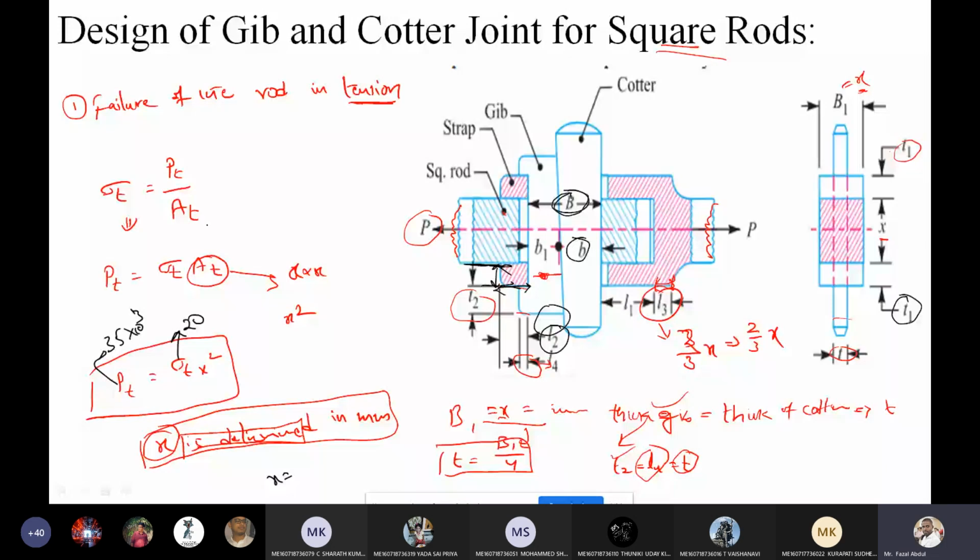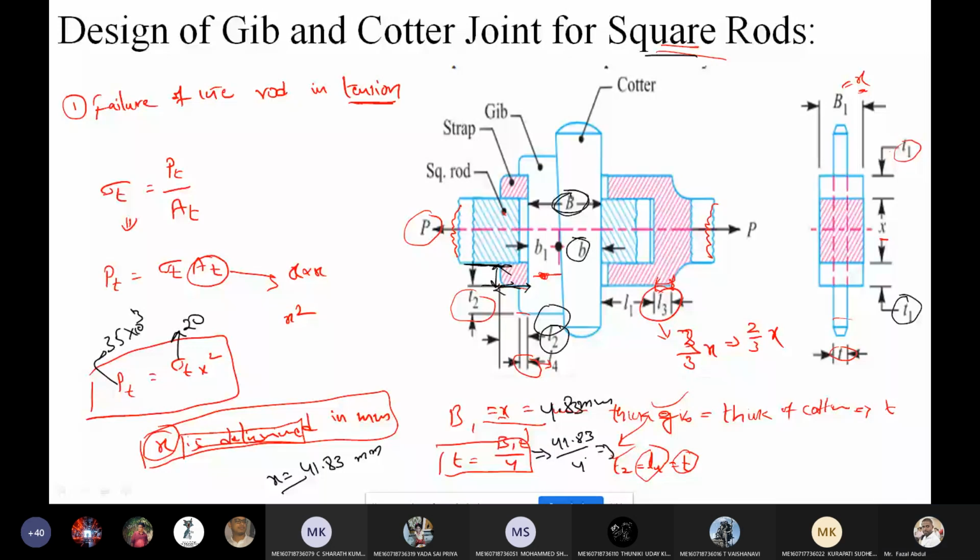Okay. Now x value we got. What is B1 value? B1 value also same as 41.83 because it is a square rod. Now what is T value? T value is 41.83 by 4. Get it fast.